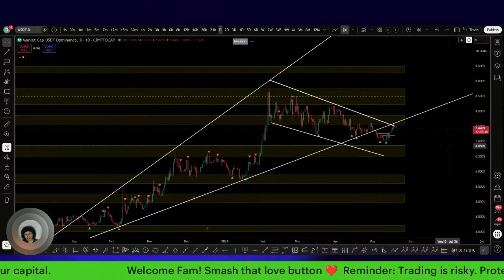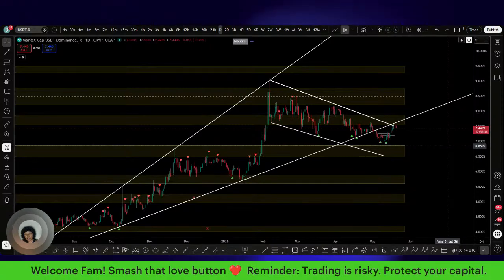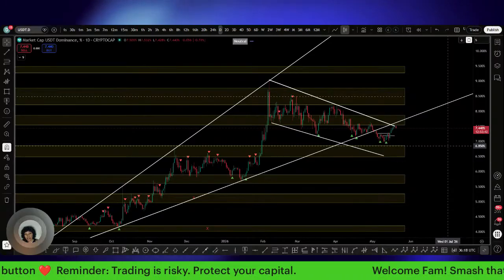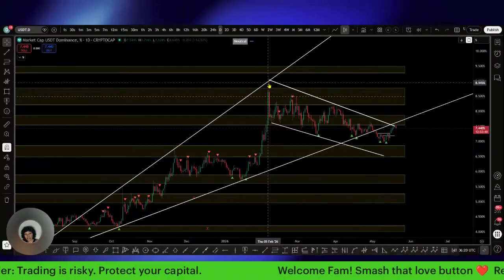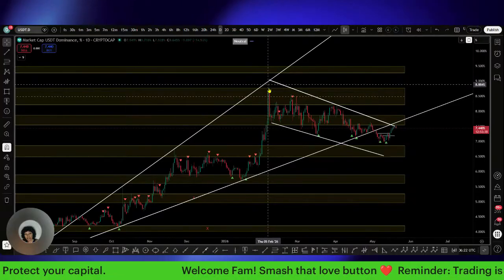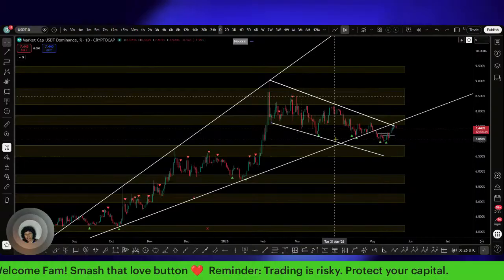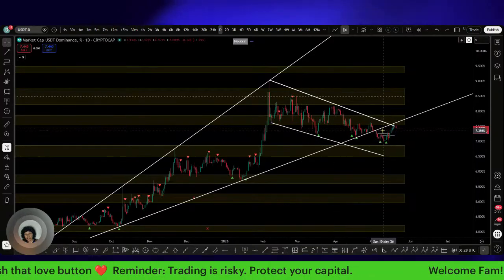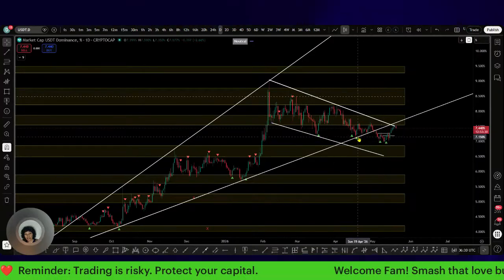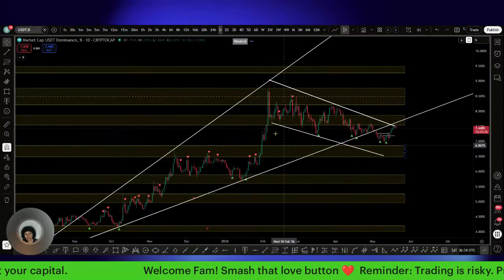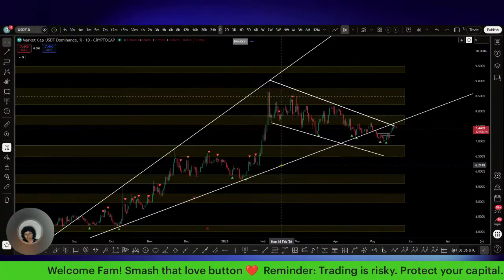I'm still not bullish on USDT dominance. I haven't been throughout any of this. Even identifying this, I never had a bullish take on it. I have stayed with my bearish bias because of the larger pattern through here.